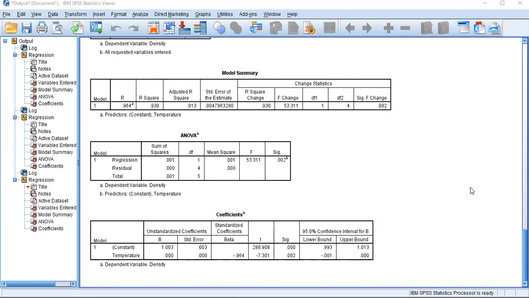So we look at the first one, right, which is 0.993 and 1.013, right? So does it contain, the first question, does it contain 0, that interval? That interval doesn't contain 0, right?